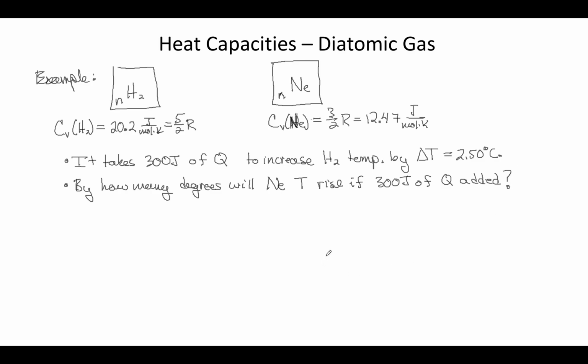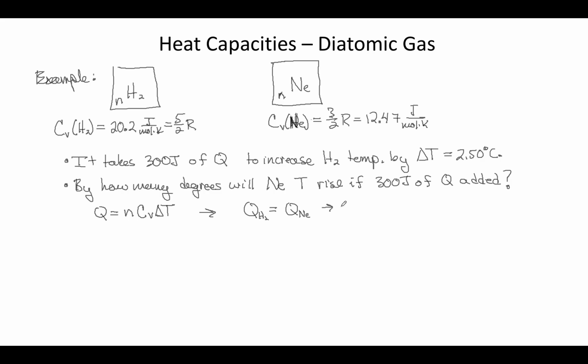Right, and so the idea is that we take our old expression, not the differential expression, and we basically set this specific, so n, C_V. We know that the Q given to H2 of 300 joules is equal to the Q given to the neon, 300 joules.